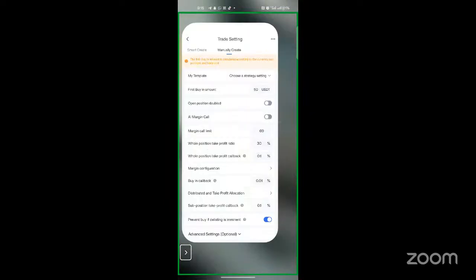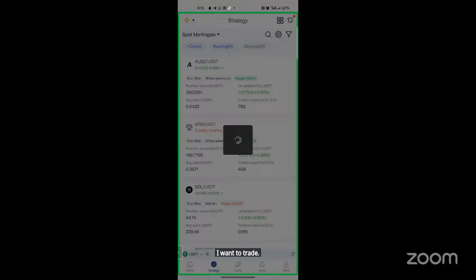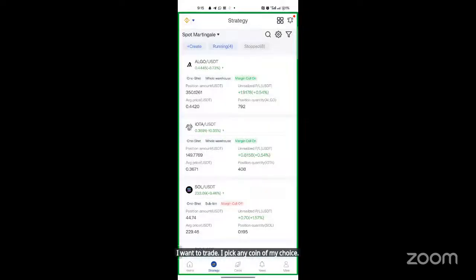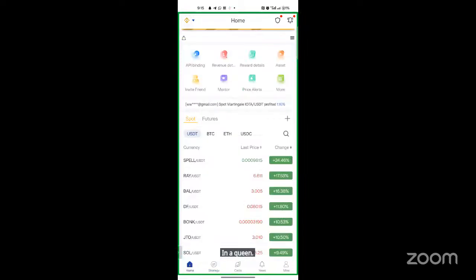I want to trade. I pick any coin of my choice. Any coin. I can pick a pumping coin or not a pumping coin.